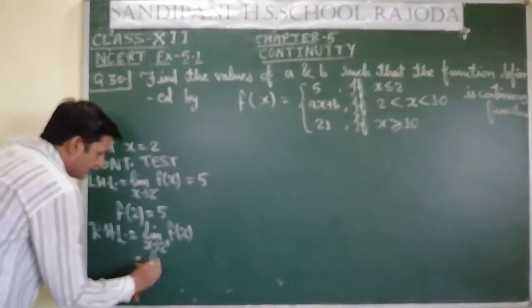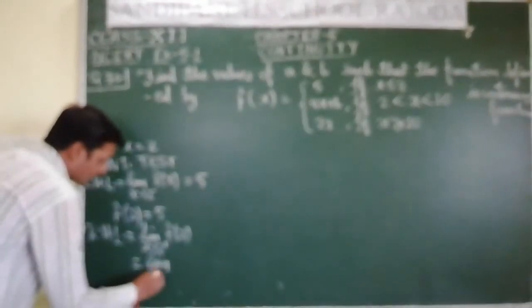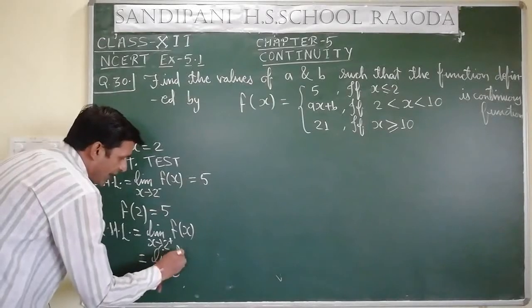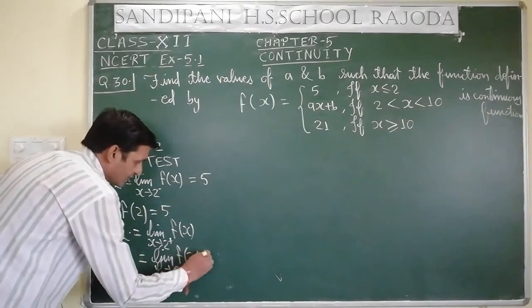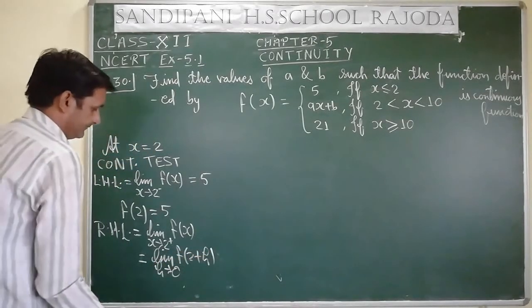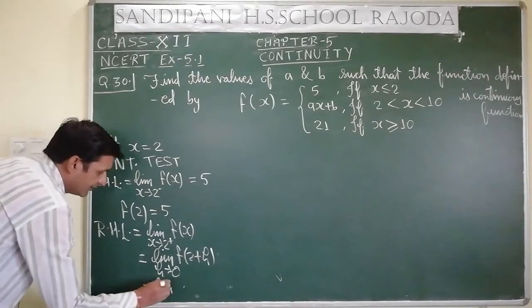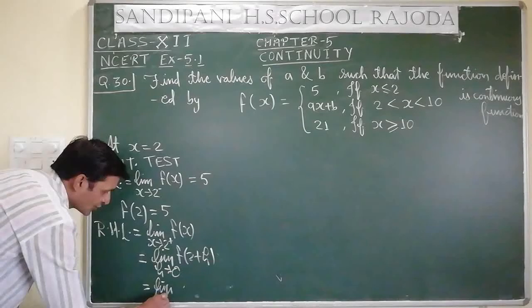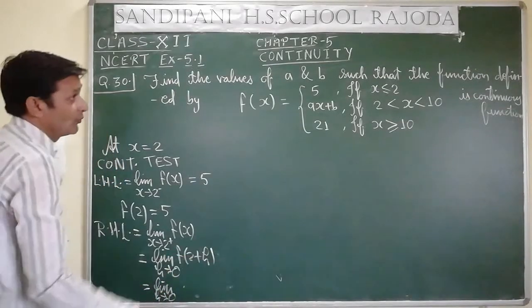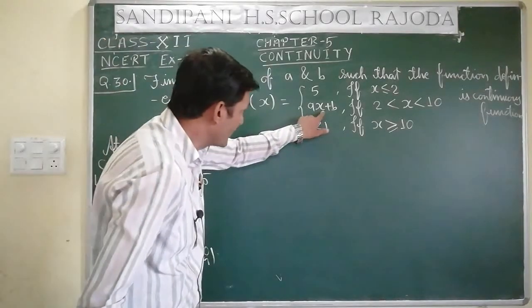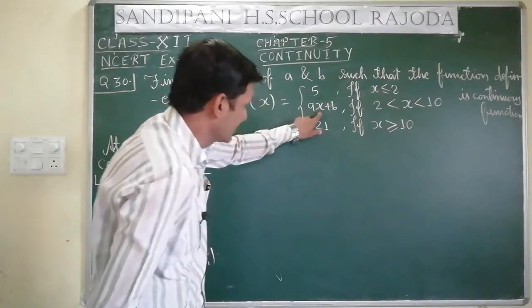So, limit h tends to 0 f of 2 plus h, means we have to put 2 plus h here in place of x.